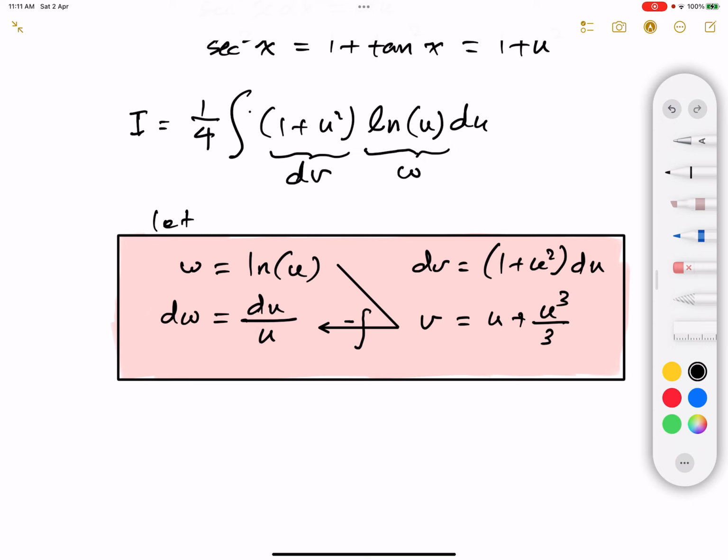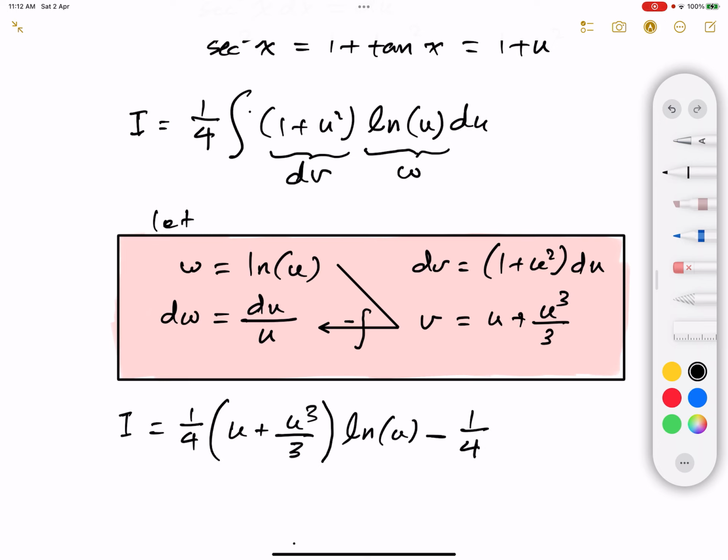So the integral I is gonna become what? 1/4, and then I need to multiply the u plus u cubed divided by 3 by the natural logarithm of u, minus 1/4, of course, because 1/4 is multiplied with both parts, the integral of, now if we multiply u plus u cubed over 3 by 1 over u, and we have the negative sign outside, then we're going to be left with 1 plus u squared divided by 3 du.